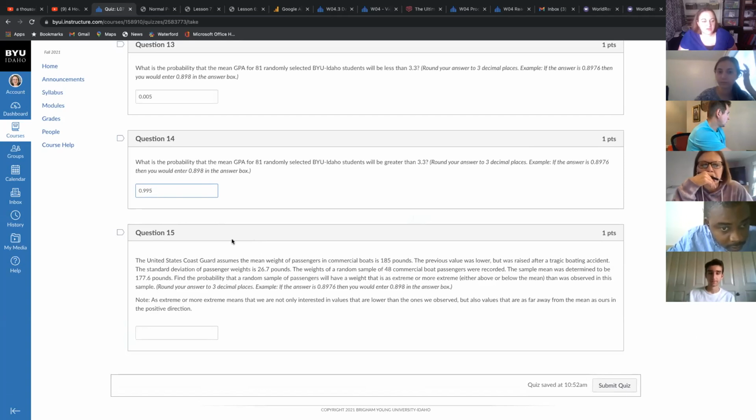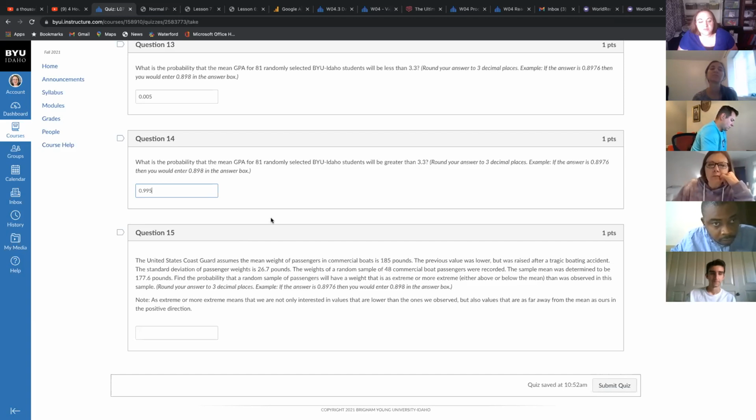The US Coast Guard assumes the mean weight of passengers in commercial boats is 185 pounds. The previous value was lower, but was raised after a tragic boating accident. The standard deviation of passenger weight is 26.7 pounds. The weights of a random sample of 48 commercial boat passengers were recorded. The sample mean was determined to be 177.6 pounds.